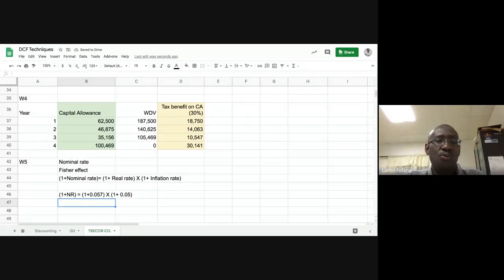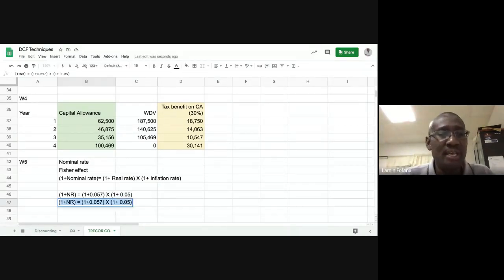So we are doing only maths now. So we say 1 plus NR, bracket closes, equals, so let's expand the brackets. The first bracket is what?